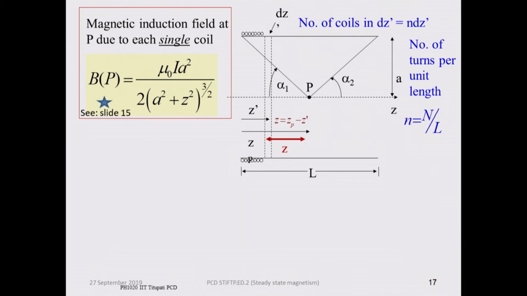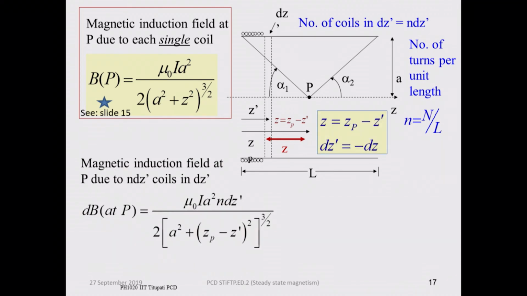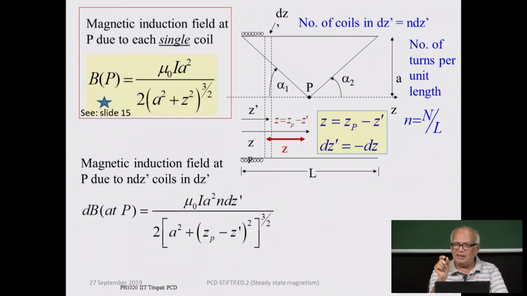And you use the result, which is that asterisk result which I referred to earlier, and you just take that result, pack it and add it up, because the number density is known in that segment dz.